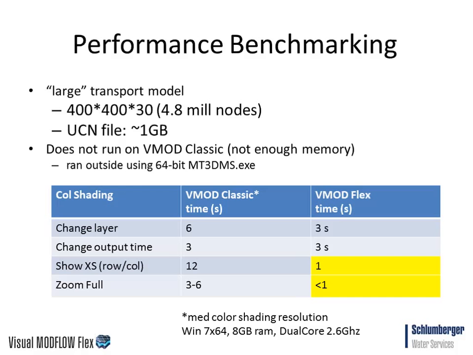The same is true when you're zooming in to areas of interest or zooming back out to the full region. This is done very quickly within VMod Flex, whereas in the Classic environment it may have taken anywhere from 6 to 12 seconds. This was done on a Windows 7 64-bit machine that had 8 gigs of RAM and a dual-core processor. I'll do a quick live demonstration of the performance shortly.